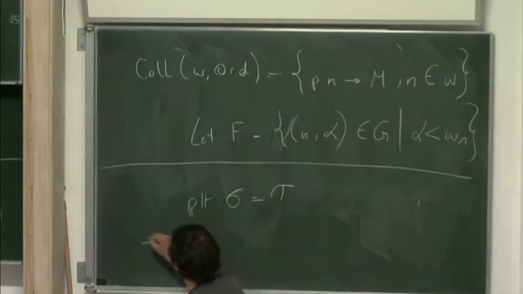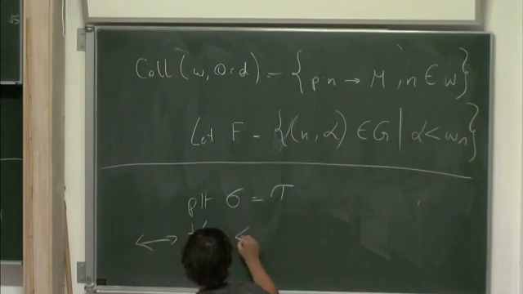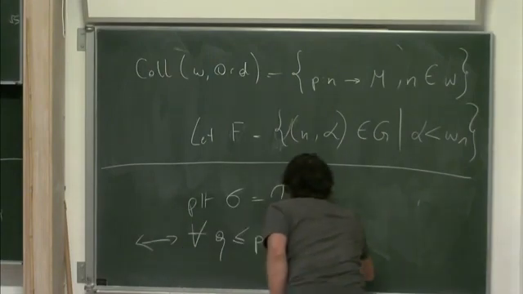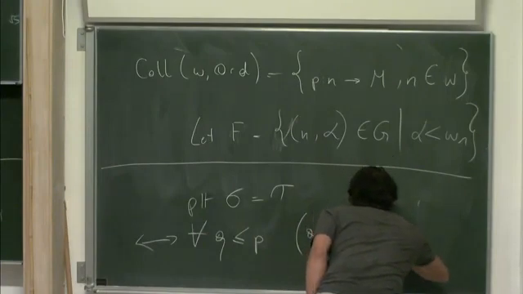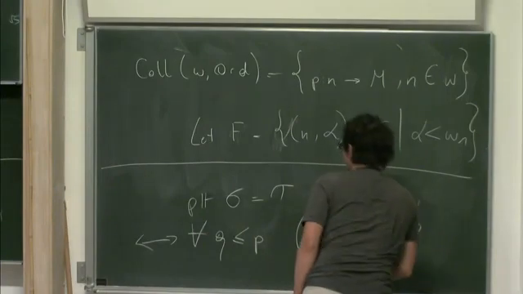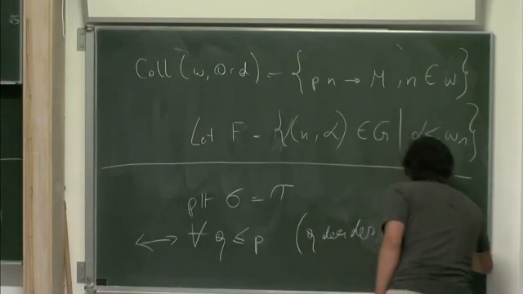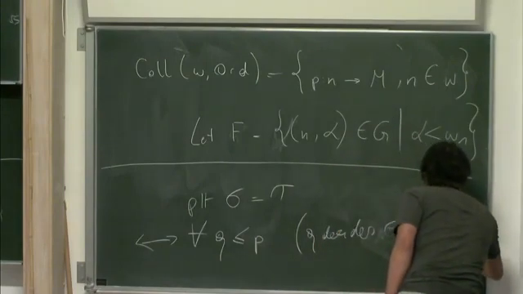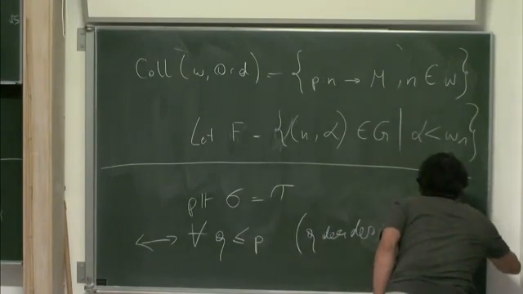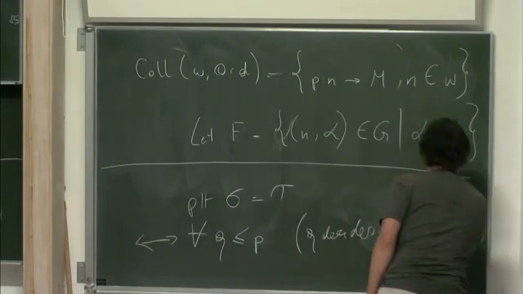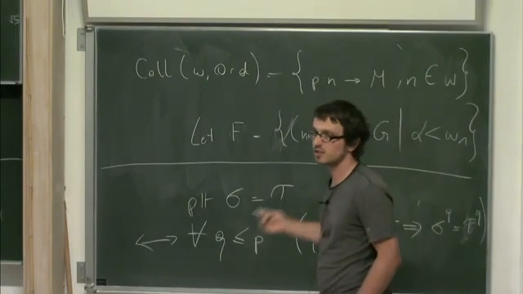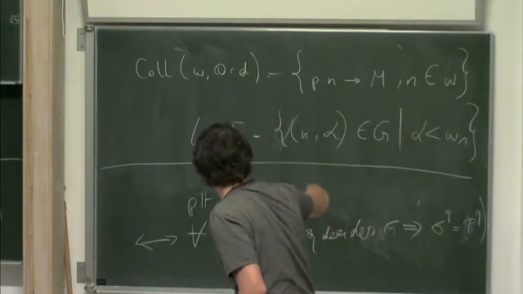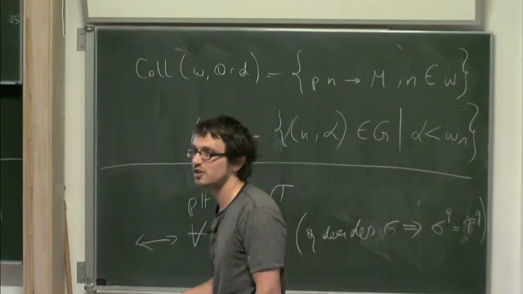This is equivalent to saying that for every condition q which is stronger than p, if q decides sigma, then we get that sigma evaluated by q is the same as tau evaluated by q. And this means sigma evaluated by the generic, but if you know that q is in the generic, you know what sigma evaluated by the generic will be.